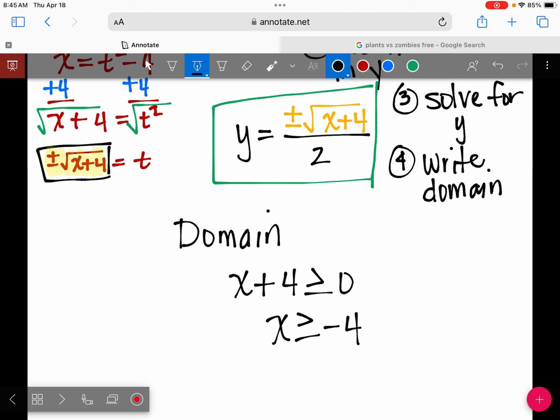Does anybody remember how to write that in interval notation? I know this is going way, way back because we haven't had to do that in a long time. Who remembers how to write that in interval notation? A bracket. And that's it. Do we put a bracket on the infinity? No. And that would be your domain.